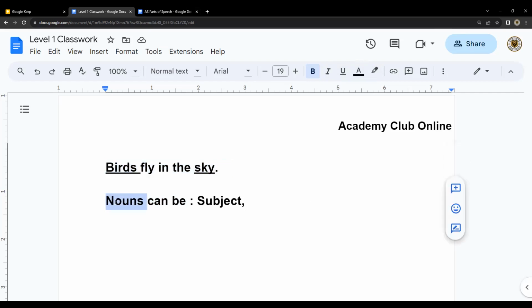Y podemos usar los nouns como sujeto, podemos usar los nouns como ¿qué más? Cosas. Como objetos. Yes, objects. Si están después del verbo, a la derecha del verbo. Y vamos a poner objeto, porque yo pienso que a los dos se los dije. Object of verb, objeto de verbo. ¿Ok? ¿Qué más?